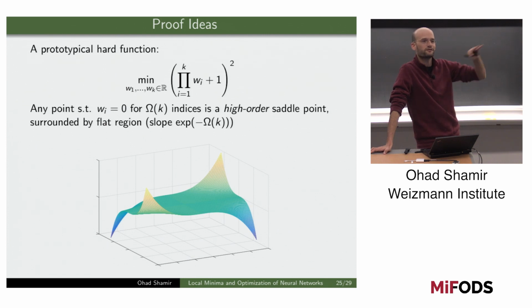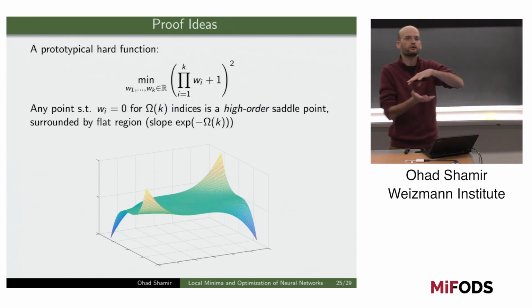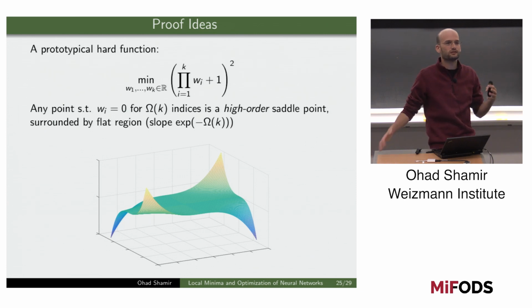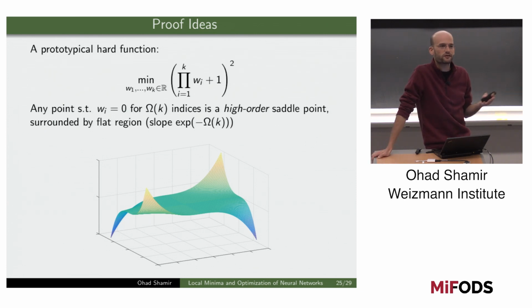So all of the derivatives up to order k are going to be 0. And moreover, you're going to be surrounded by a very flat region where the gradients are exponentially small in the depth. And if you get stuck in these regions, at least with a gradient-based method, you're generally screwed, because the gradient will be very, very close to 0.